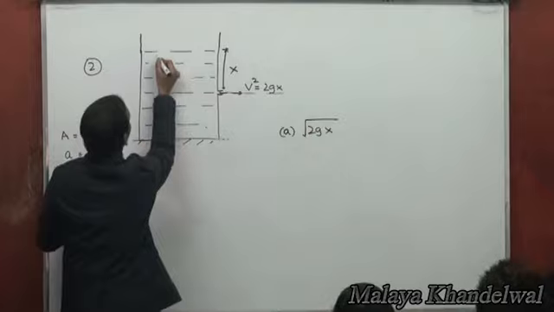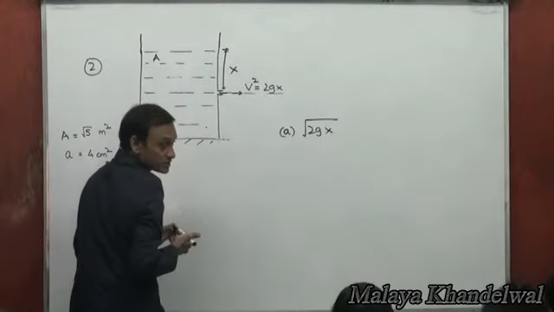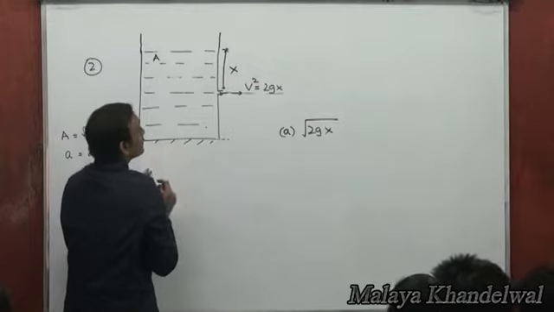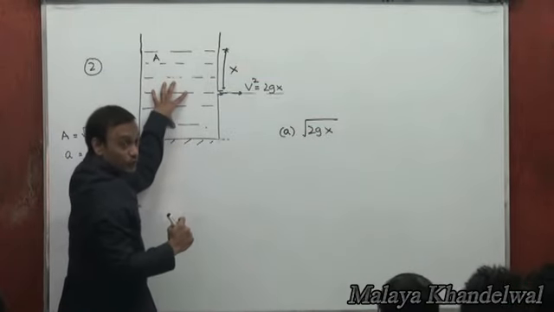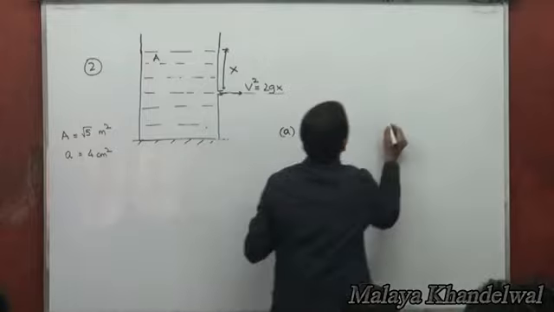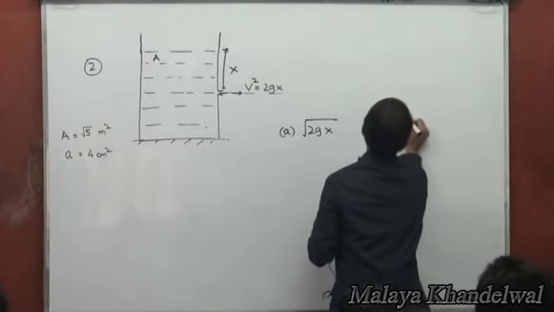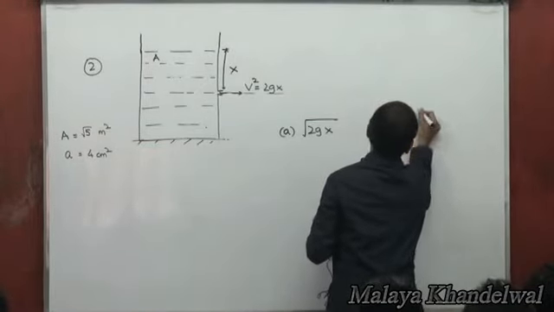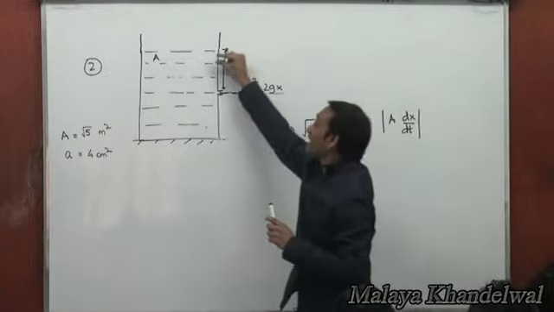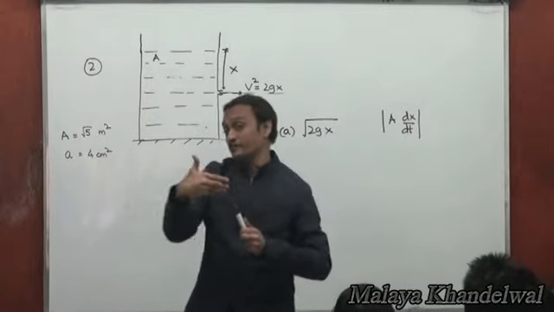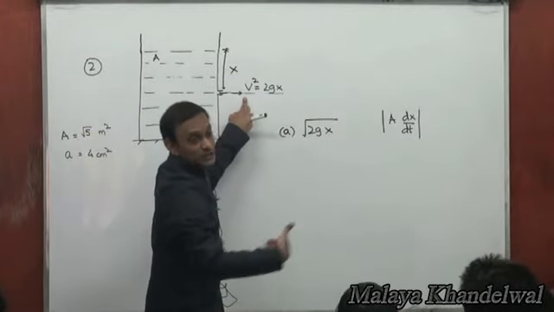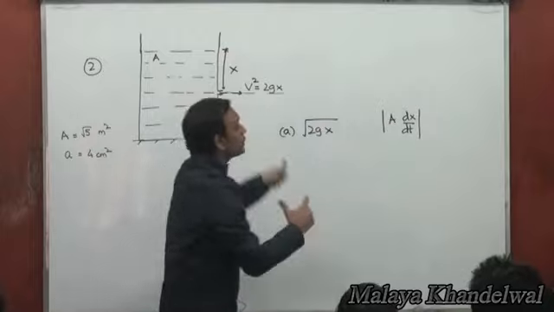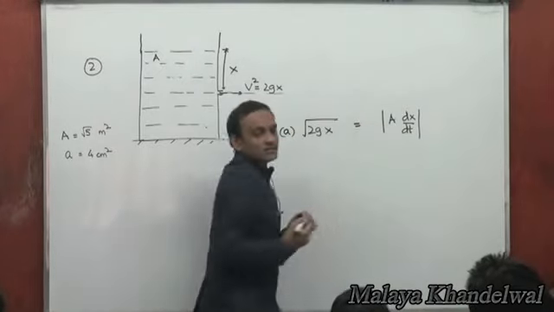Now, if capital A is the area of cross section of this, then the rate at which the volume is decreasing here is magnitude of A into dx dt. Rate of fall of height into area of cross section is the rate at which the volume is decreasing, and that must be the rate at which volume is escaping, right? So this must be equal to this.